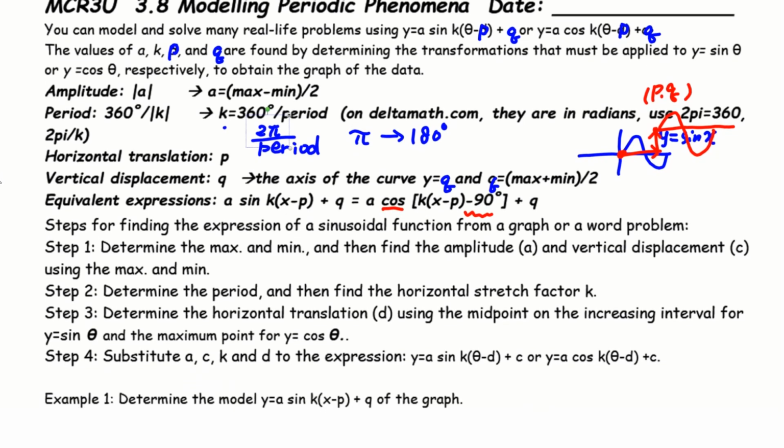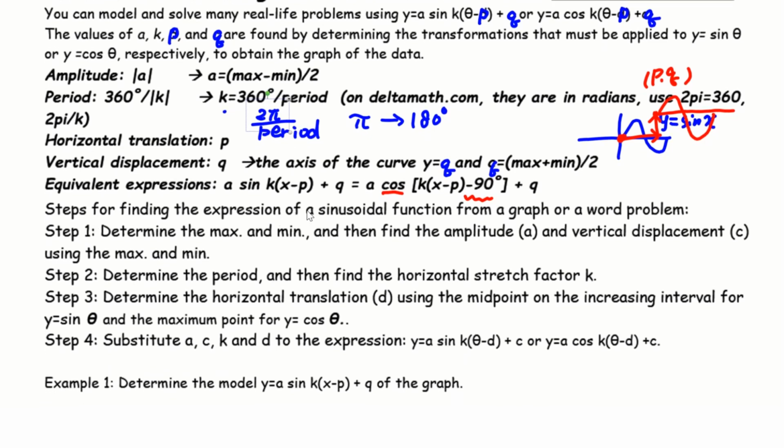So the steps for modeling a sinusoidal function: determine the maximum and minimum first. From the maximum and minimum you are able to find the a value, which is maximum minus minimum divided by 2, and the q value, the middle line, which is maximum plus minimum divided by 2.